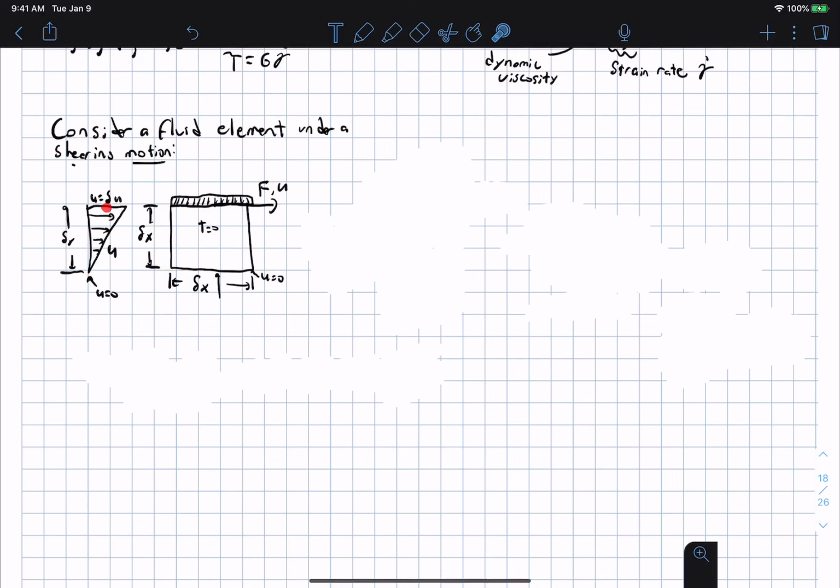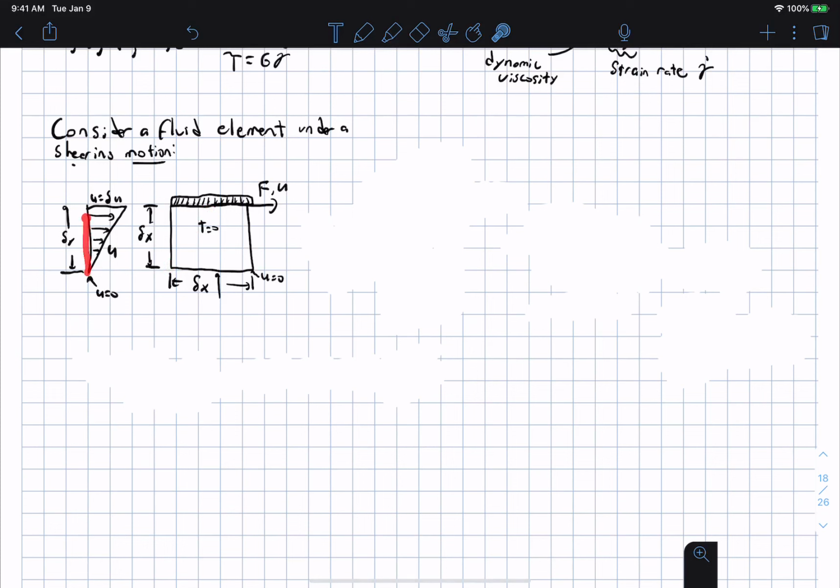And the flow at the top here is moving at some velocity u, and there's a velocity profile of the fluid across this. So the fluid is not moving here, and up here it is moving at some velocity u.